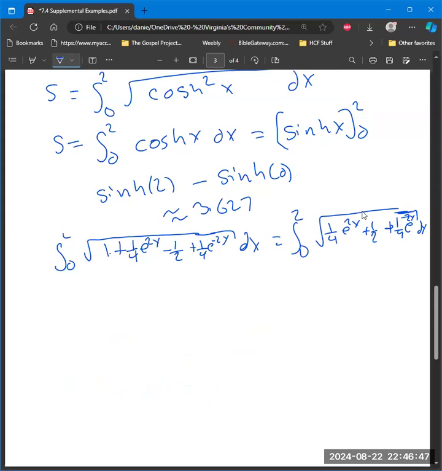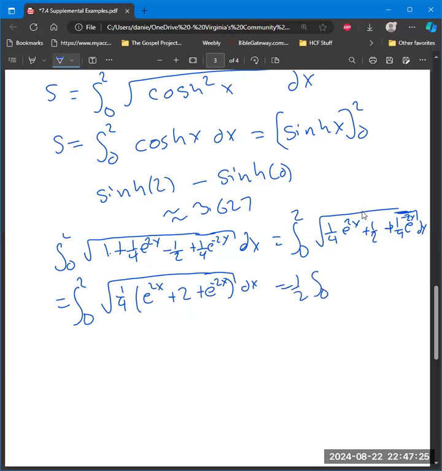So that makes that the integral from 0 to 2 of the square root of 1/4 times e to the 2x plus 2 plus e to the negative 2x dx. 1/4 comes out as a 1/2.